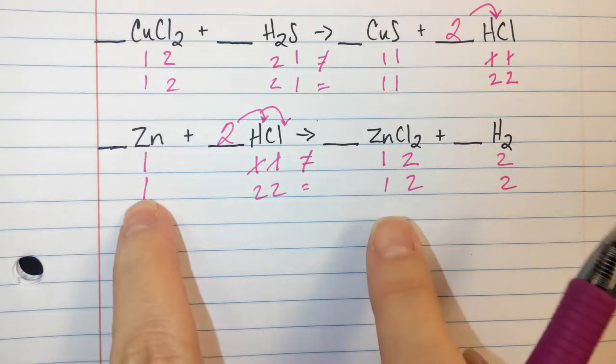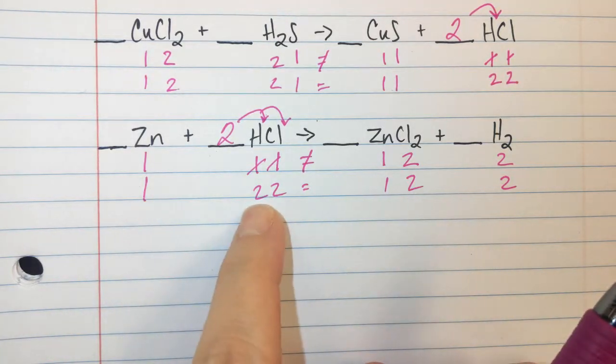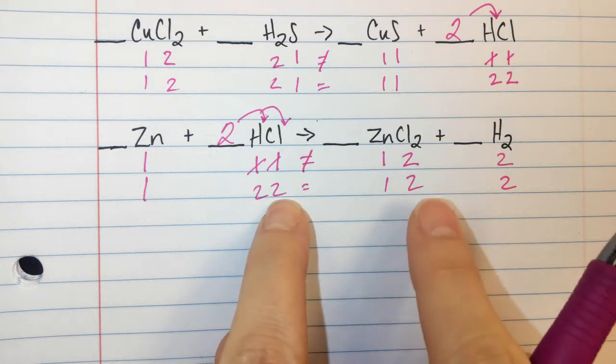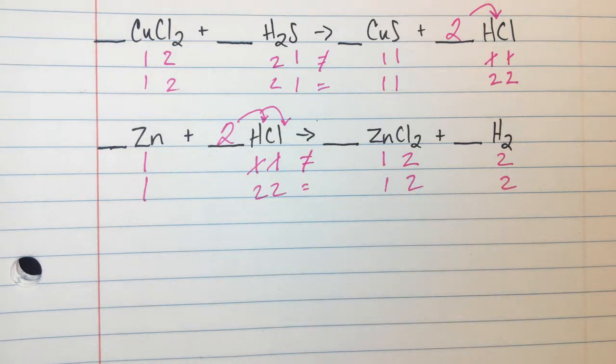Zinc on the left has 1. Zinc on the right has 1. Hydrogen, 2. Hydrogen, 2. Chlorine, 2. Chlorine, 2. Balanced.